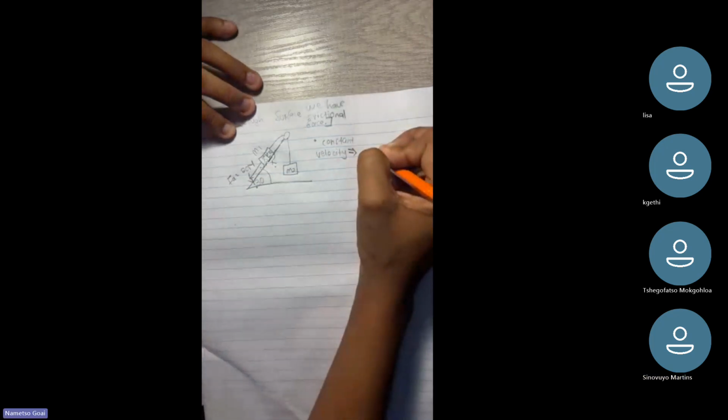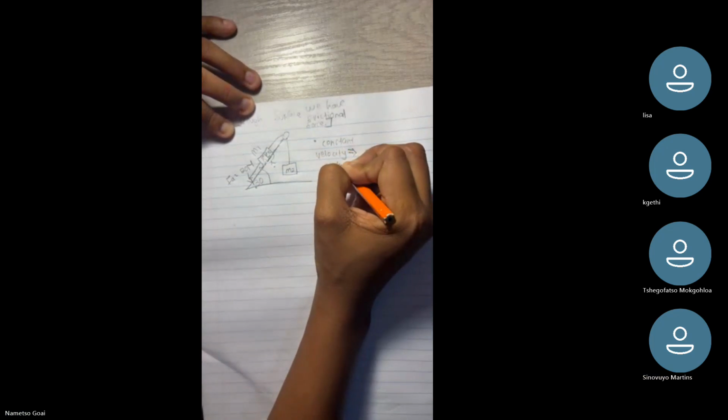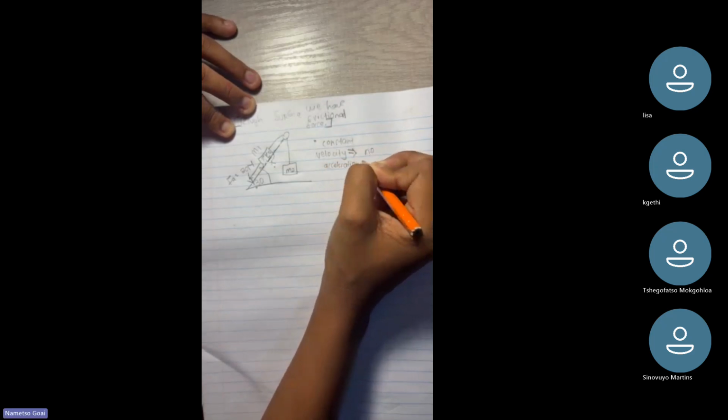No acceleration. You are correct. So if we have constant velocity, no acceleration. The coefficient of the kinetic friction on the block between point X and Y is 0.2.